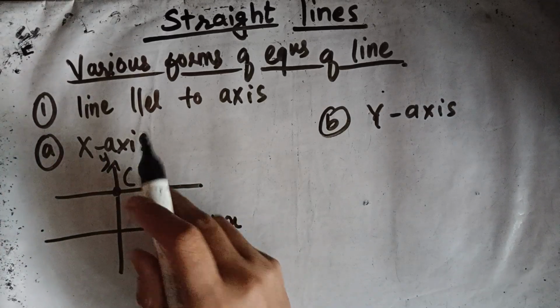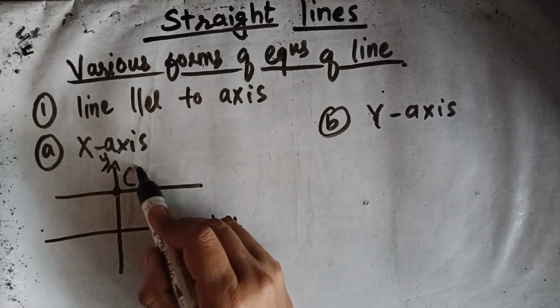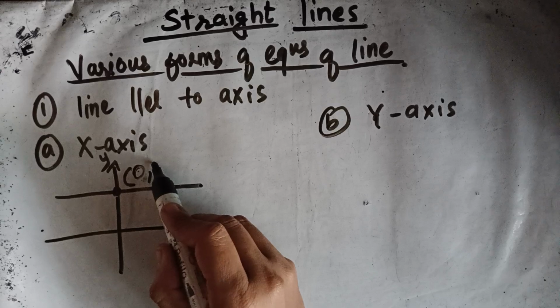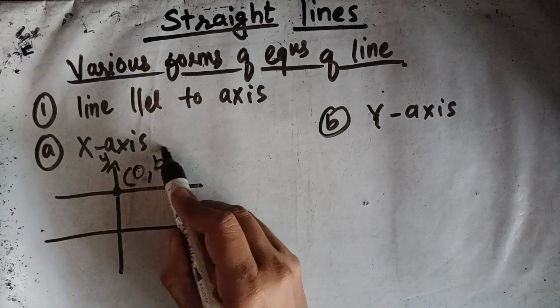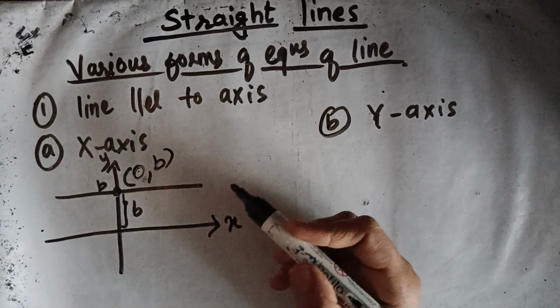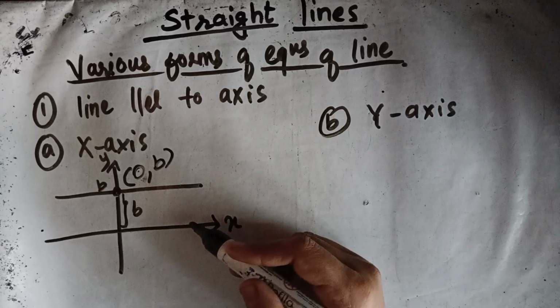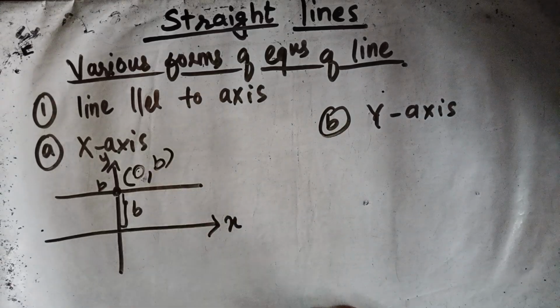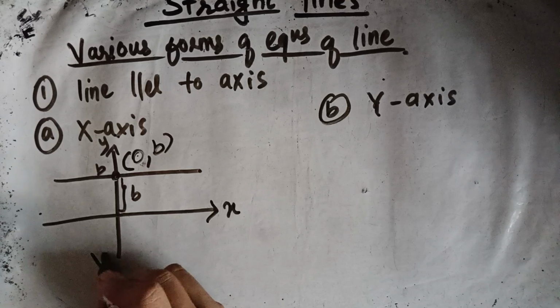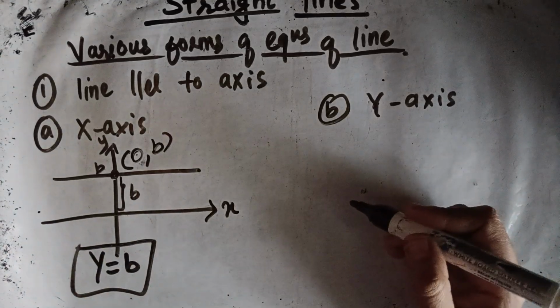This point will be some 0 comma, say this point is B. This distance is B. So 0 comma B. So the equation of this line is y equal to b. This is the equation.